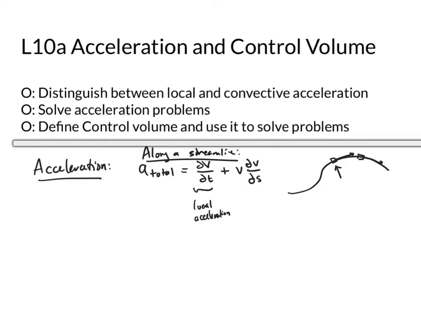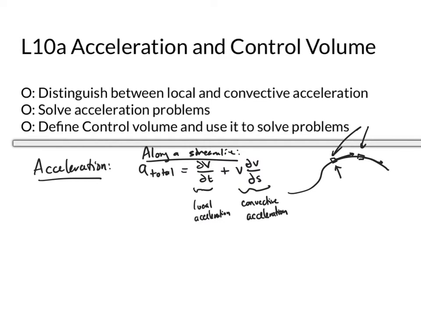But then the flip side is this one right here, which is what we call the convective acceleration. This is due to the fact that there's a difference in the velocity here versus here. So as the fluid moves between those two locations, even if nothing is changing in time, it accelerates.